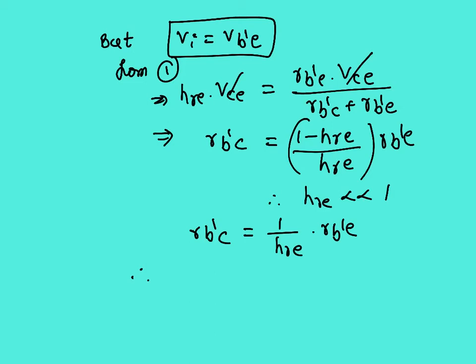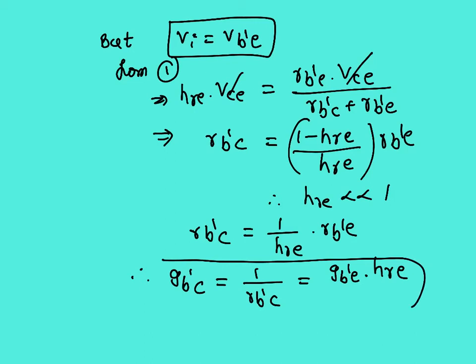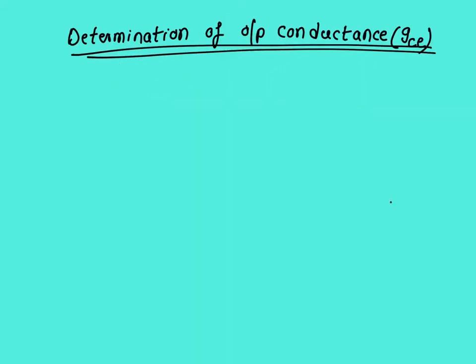From this relation, gb'c, which is the feedback conductance, can be written as 1 by rb'c, which is equal to gb'e, the reciprocal of rb'e, into hre. So this is the final expression for feedback conductance.